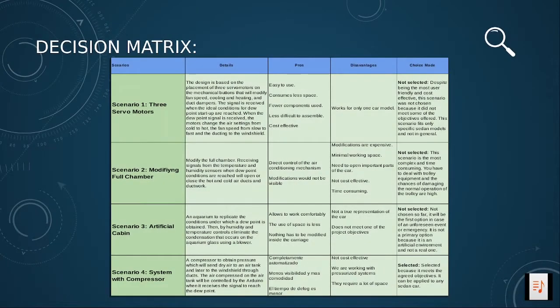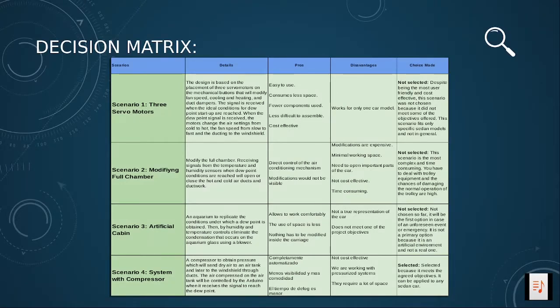For the decision making of the project, we made a decision matrix taking into consideration 4 different scenarios. One could implement a system for controlling the 3 buttons that come with the air conditioning system in the vehicles. This one was not selected. Modifying the full chamber was another scenario.